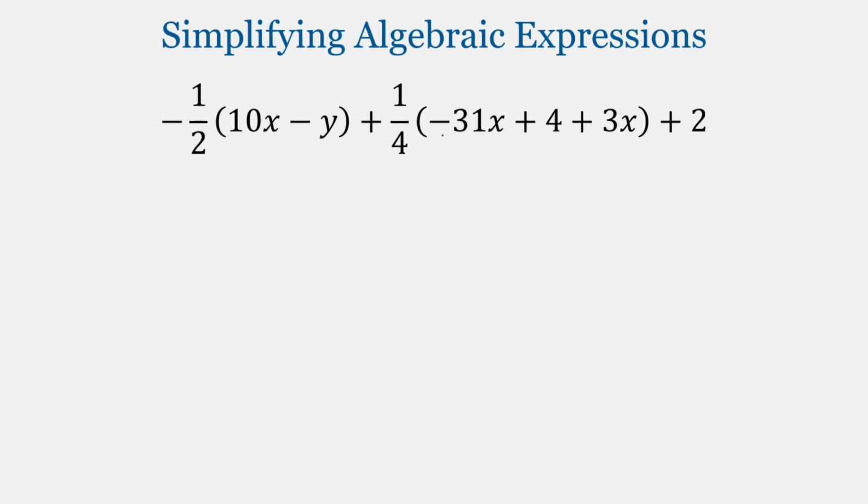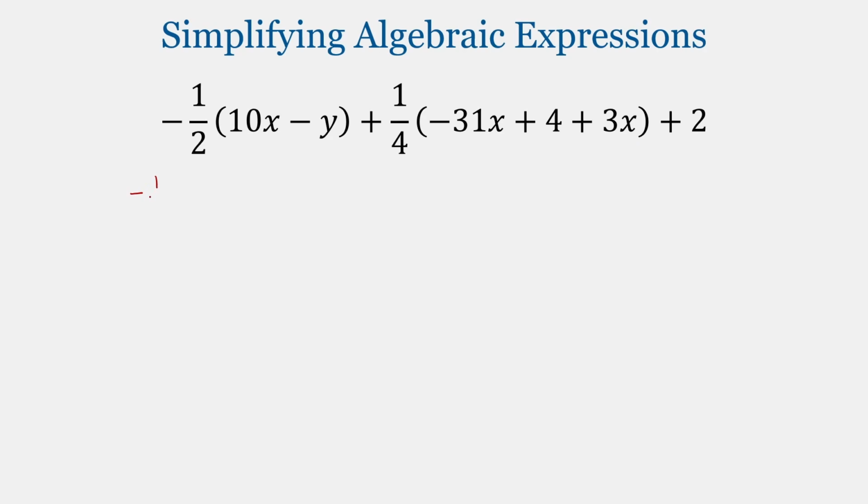But in this second expression, we have negative 31x plus 4 plus 3x. Now negative 31x and 3x, those are like terms. And we can combine those with addition. We can combine the like terms and simplify down that expression within the second parentheses.